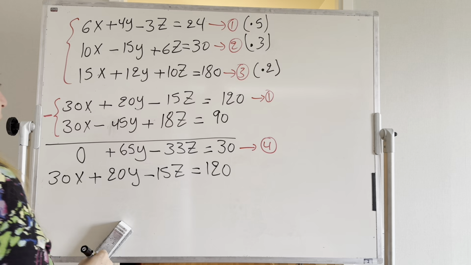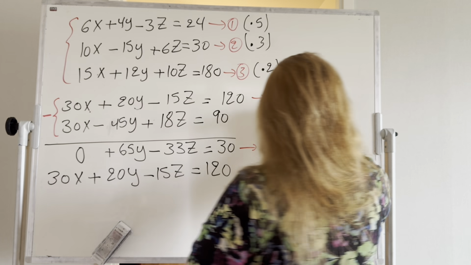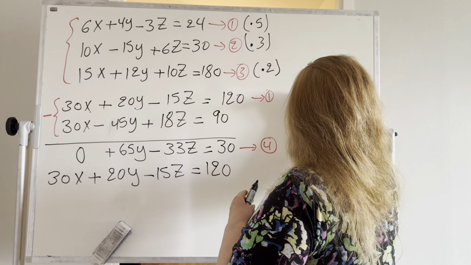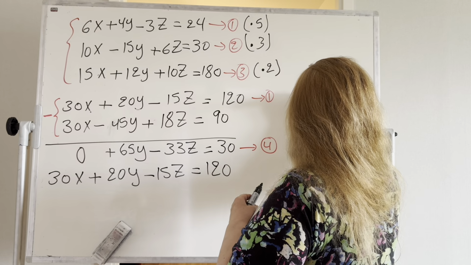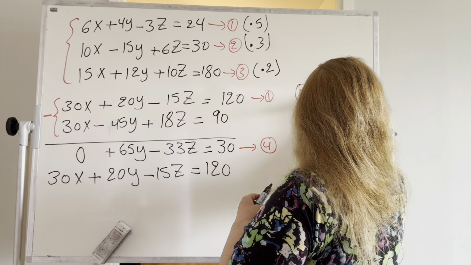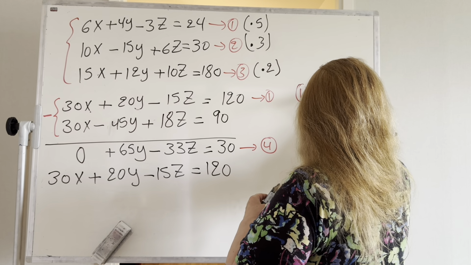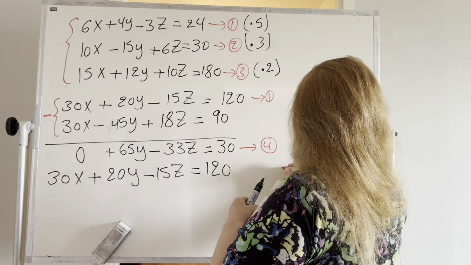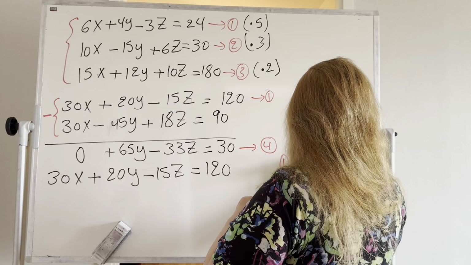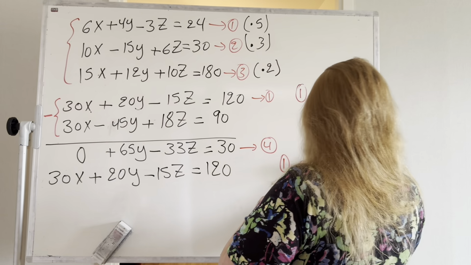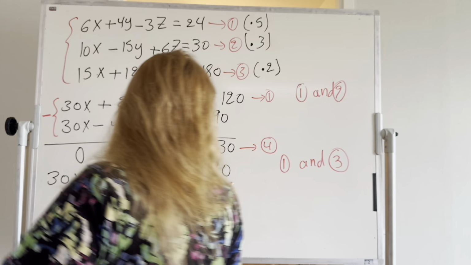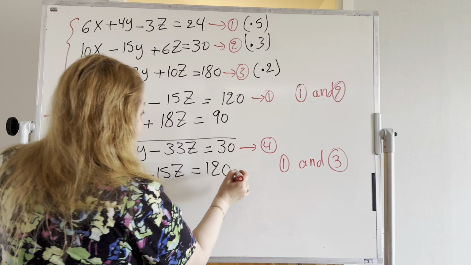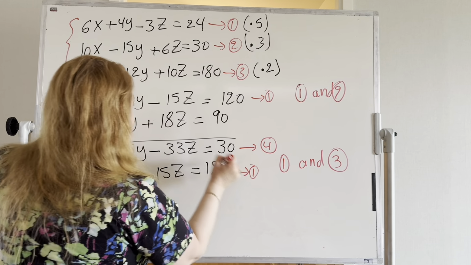Now, first I worked with equation 1 and 2. Now I will work with equation 1 and 3. So this is the first equation after I multiply it with 5.